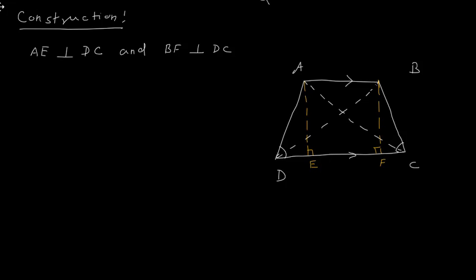This we have done. So from this, I can say that therefore AE is equal to BF. Why? They are the distance between two parallel lines. The reason is distance between two parallel lines.